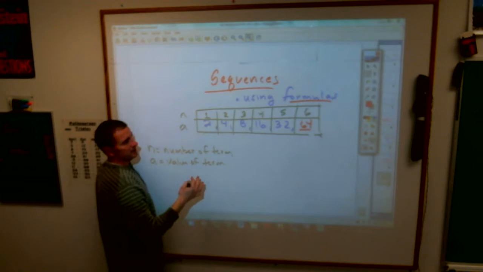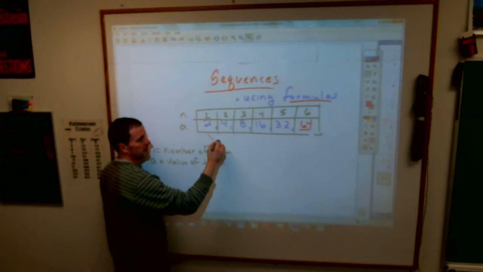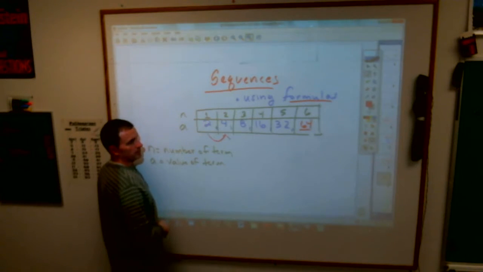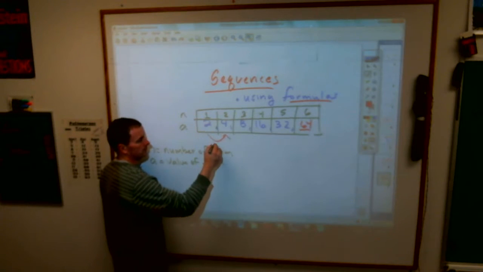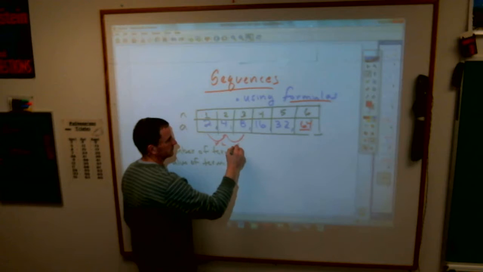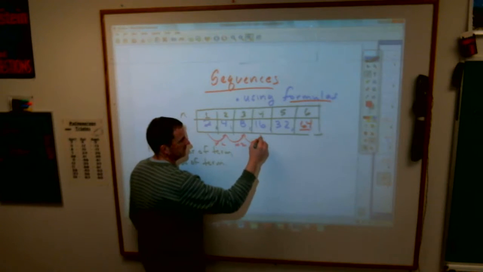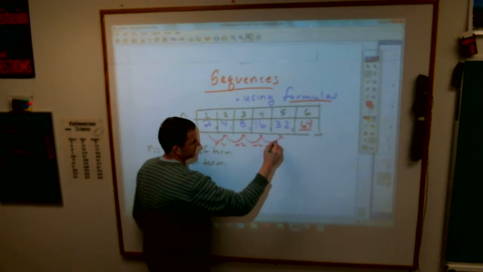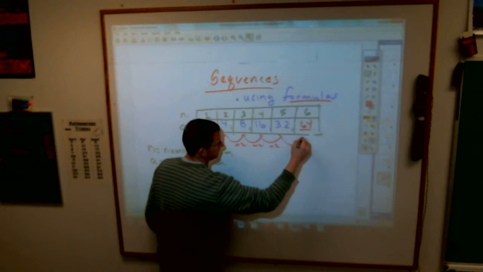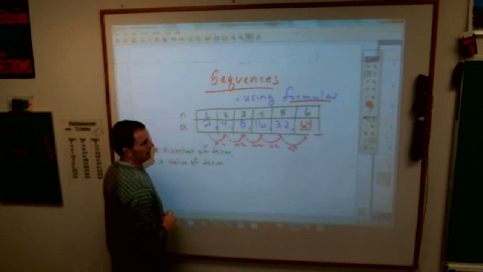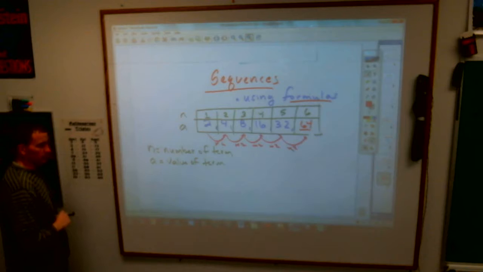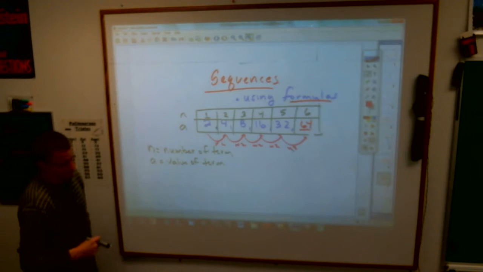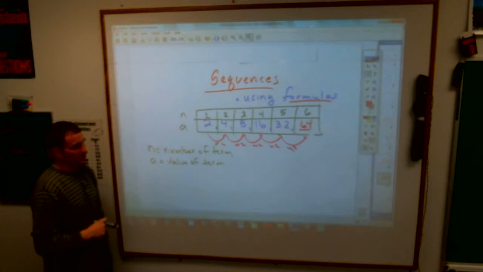To come up with the formula, first, you look at what happens between each term, and you know what the pattern is. What's happening between each term? Multiplying by 2. Now, where a lot of people get really mixed up, because it's a little counterintuitive, is that if you're multiplying by 2, in your formula it's not multiplying by 2.